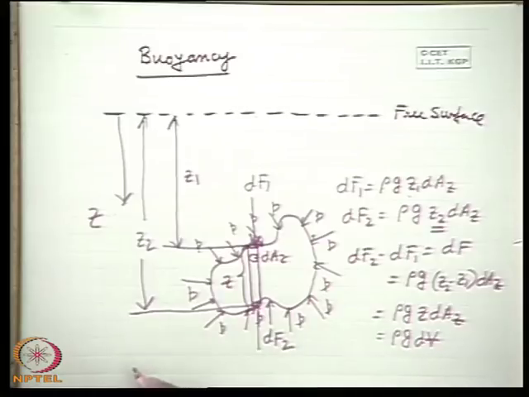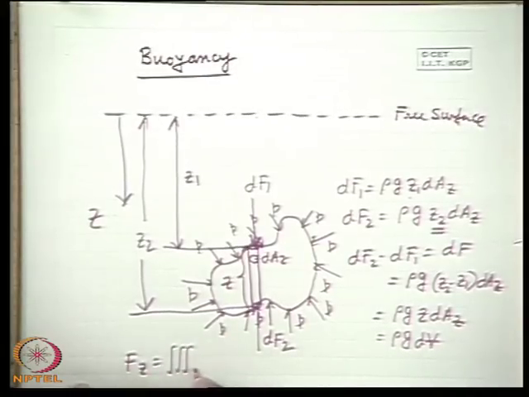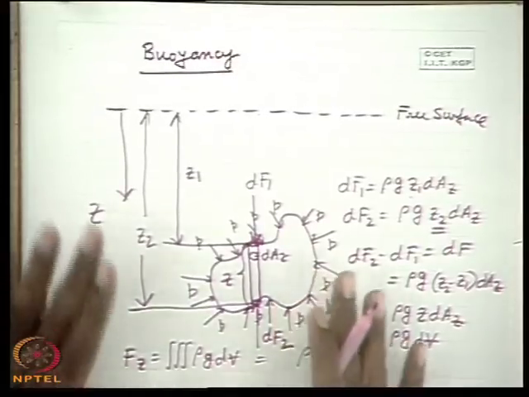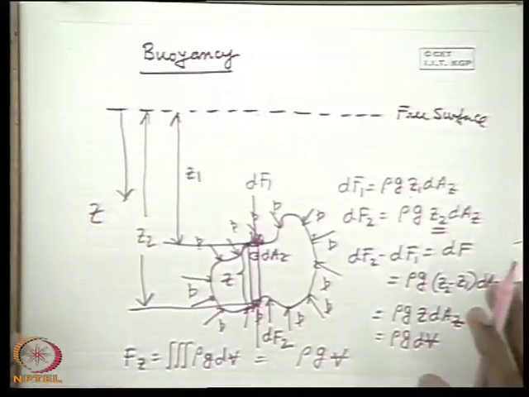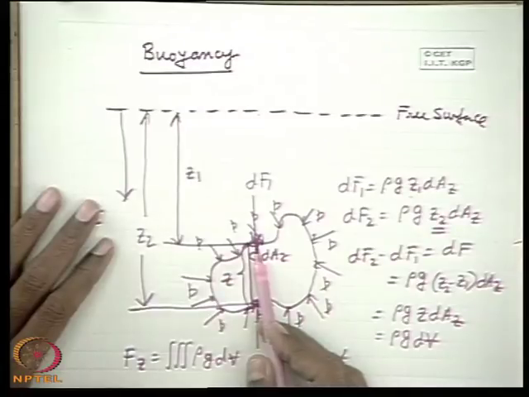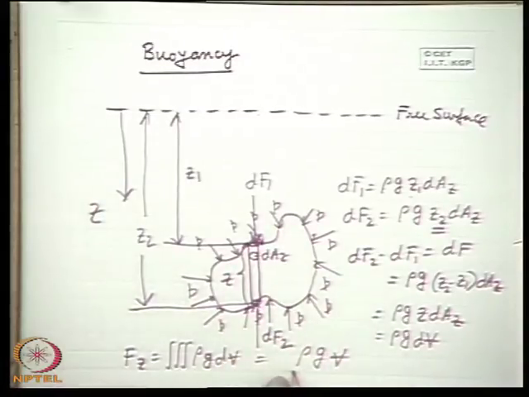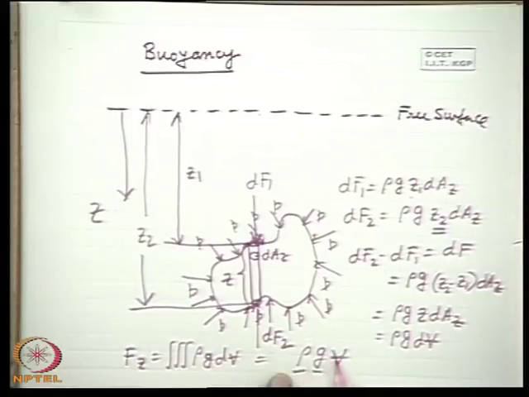So if we integrate, we get Fz equal to the triple integration over the volume of rho g dV, that means we get rho g V. So we get the idea that the net hydrostatic pressure force in any horizontal direction is 0, but in the vertical direction there is a force which acts upward on the body, whose magnitude is equal to rho g times the volume of the solid body, the entire volume of the solid body.